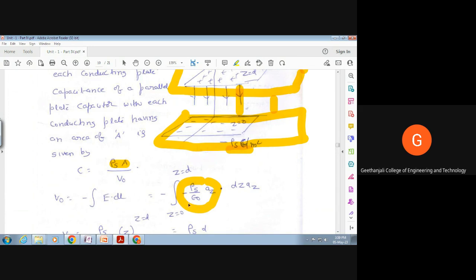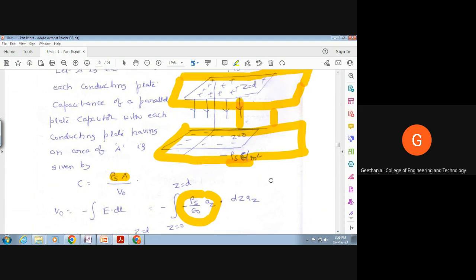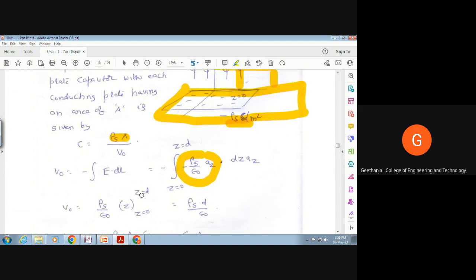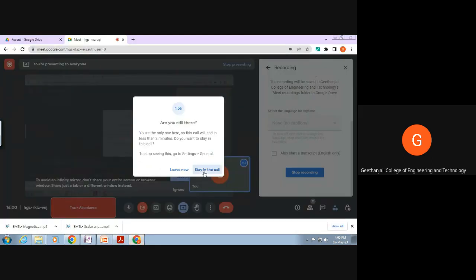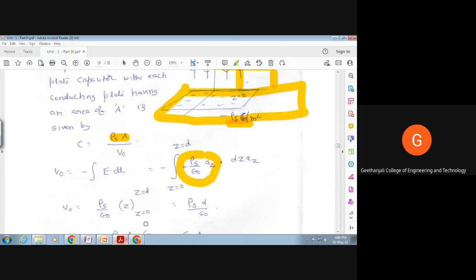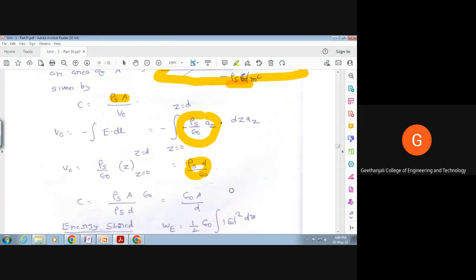Integral E dot dl. So we have to go from Z is equal to 0 to Z is equal to D. Because we are moving along Z direction, dl becomes dz. So V naught is equal to rho S by epsilon naught integral dz, which means Z varies from 0 to D. So this is the expression for V naught: rho S into D by epsilon naught.